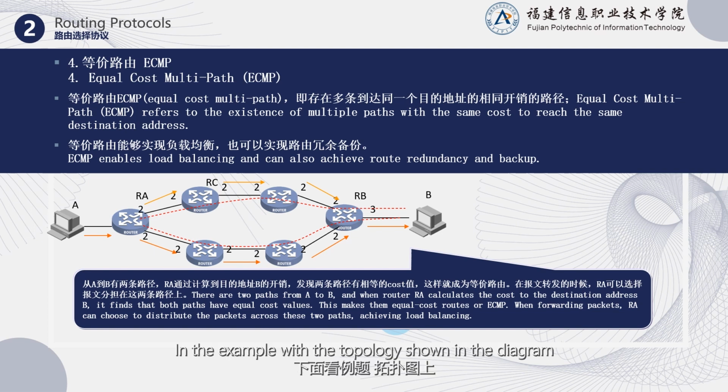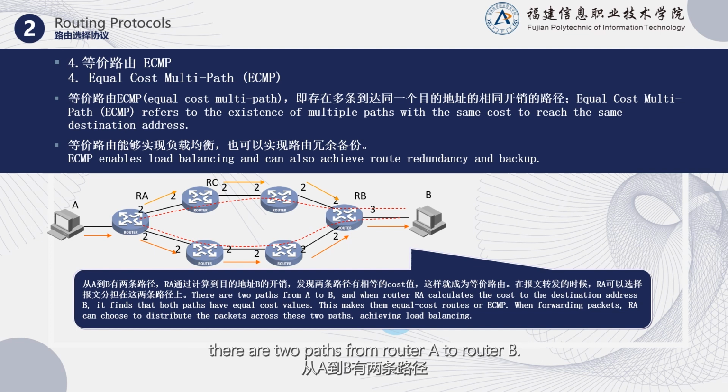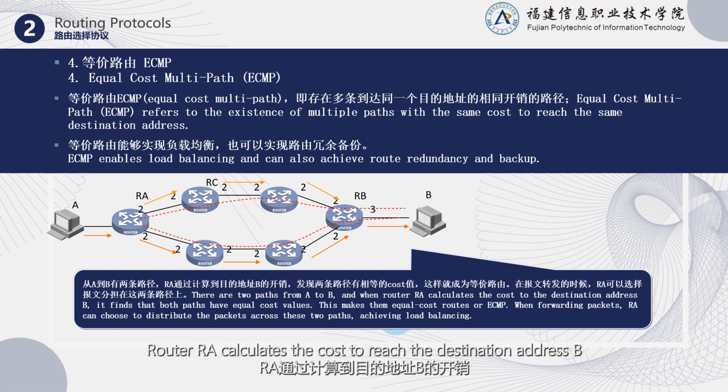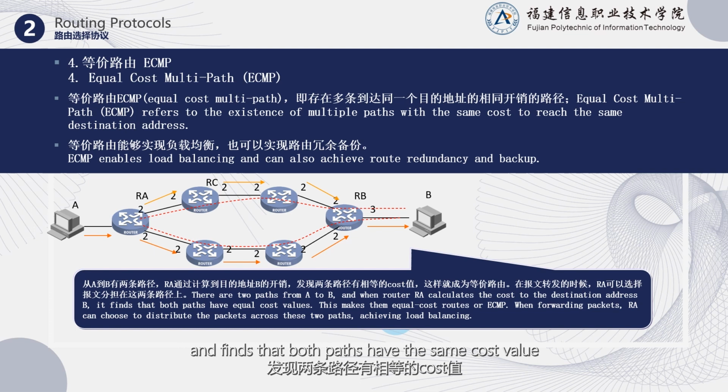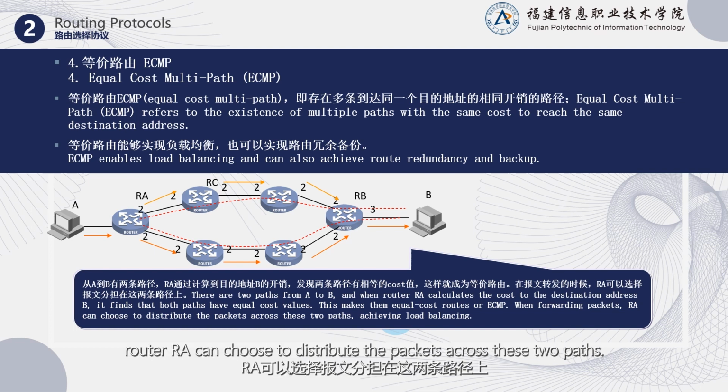In the example, with the topology shown in the diagram, where each router has a value representing the cost, there are two paths from router A to router B. Router A calculates the cost to reach the destination address B and finds that both paths have the same cost value, making them equal cost routes. When forwarding packets, router A can choose to distribute the packets across these two paths.